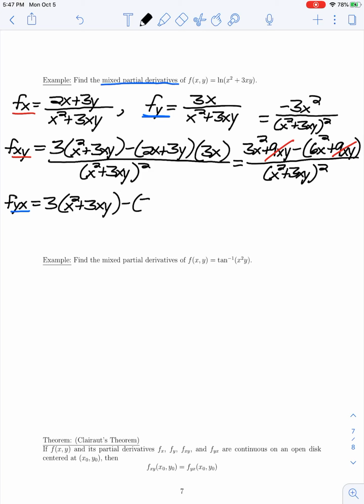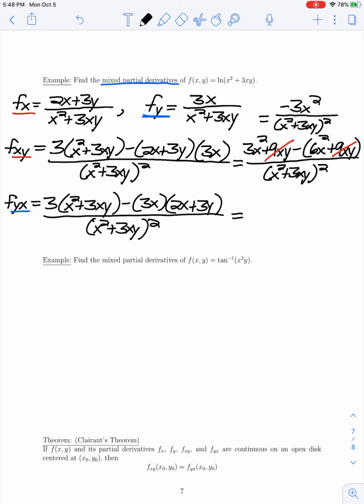And then we subtract the numerator, which was 3x, times the derivative of the denominator with respect to x, which would be 2x plus 3y. And this is all over the denominator squared.